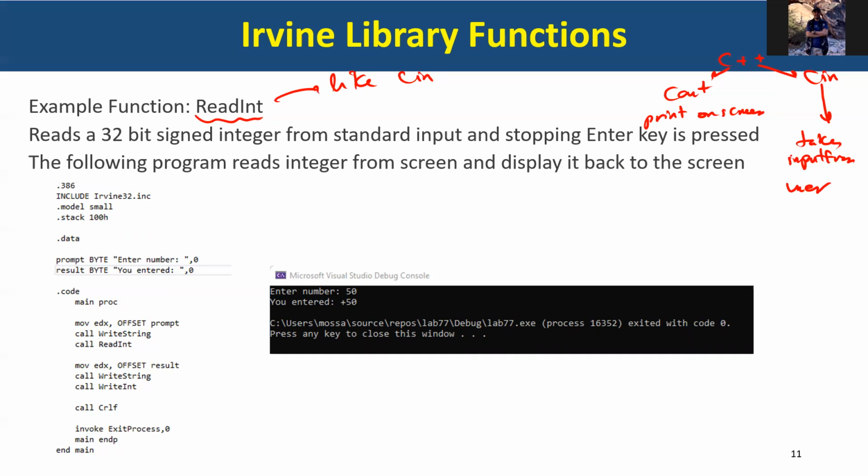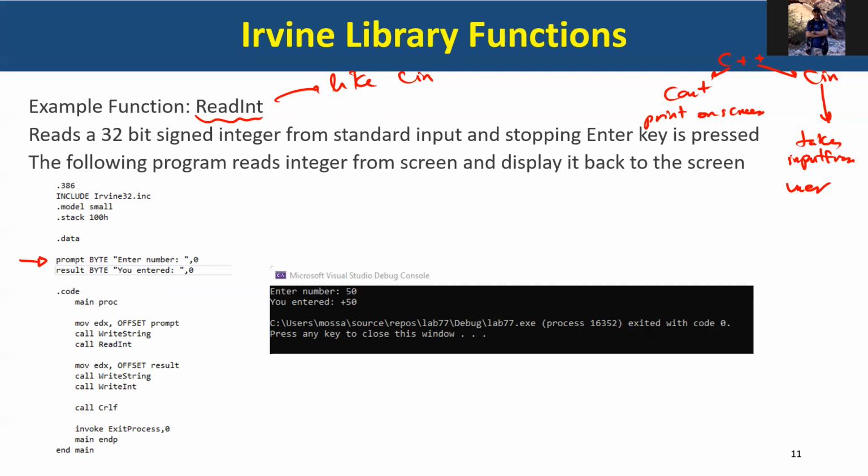Let's assume we have a program that reads a number from the user and prints this number again. We're going to use some of the stuff that we learned. First we show a message on the screen, which is enter number.